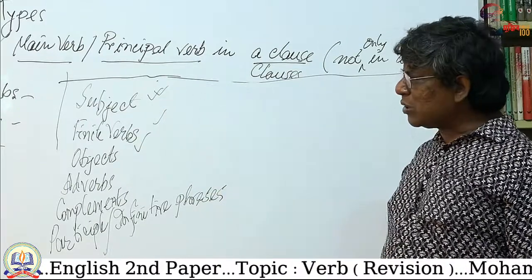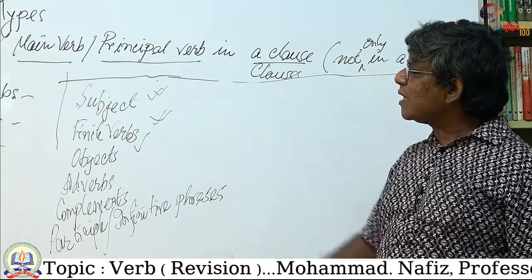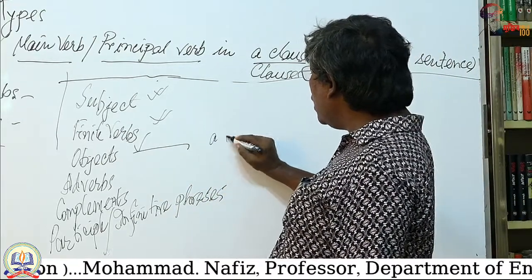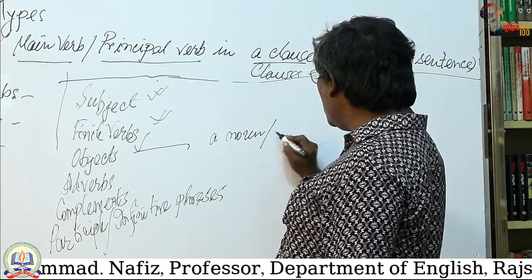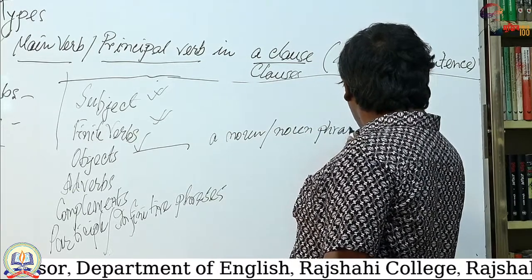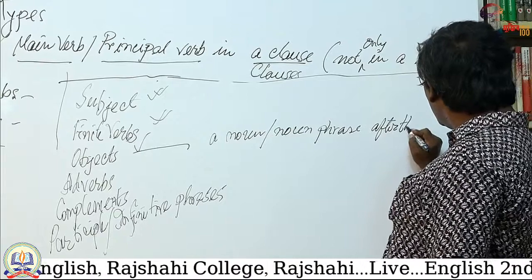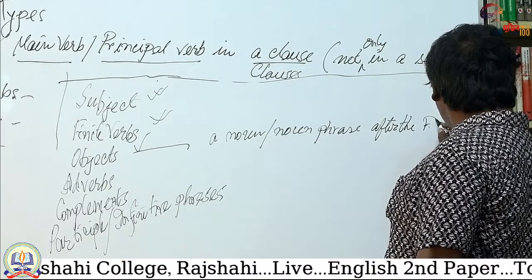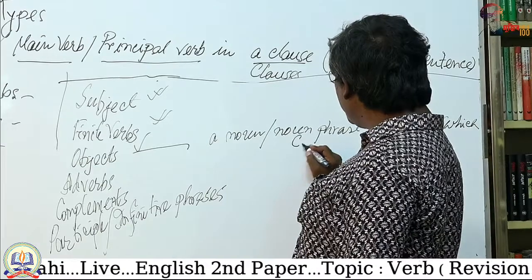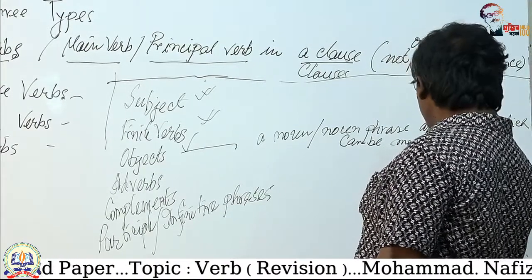You know what is a subject? Subject is the agent who does something expressed through the finite verb. And what is the object?